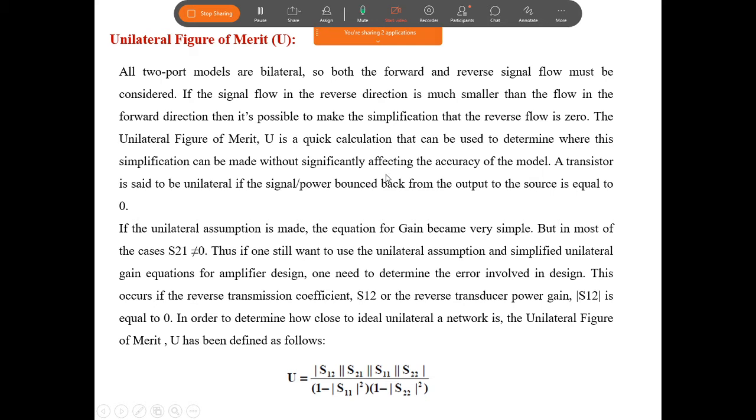It significantly reduces the calculation time, and the accuracy is not very far from what we expect. A transistor is said to be unilateral if the signal flow back from the output to the source is equal to 0. If that is not the case, then we have to go for the bilateral design. If the unilateral assumption is made, the equation for gain becomes very simple, as we know.